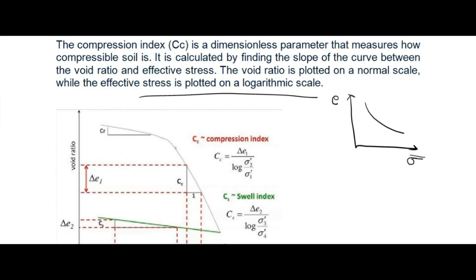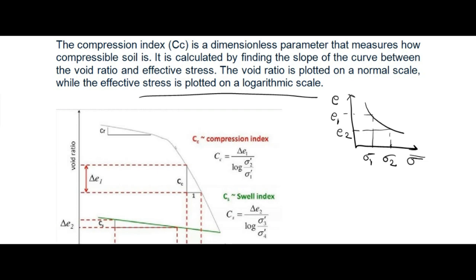This way it reduces. So this is the initial void ratio e1, and that will be its corresponding initial stress sigma 1. Similarly, the void ratio decreases as the stress increases. The void ratio will be e2 and the stress will be sigma 2.